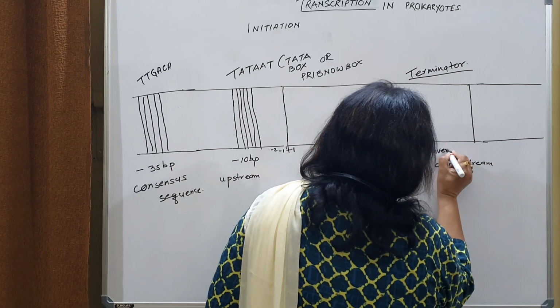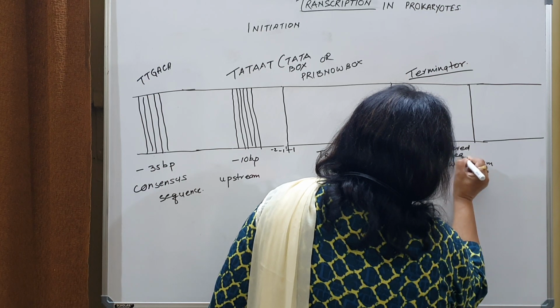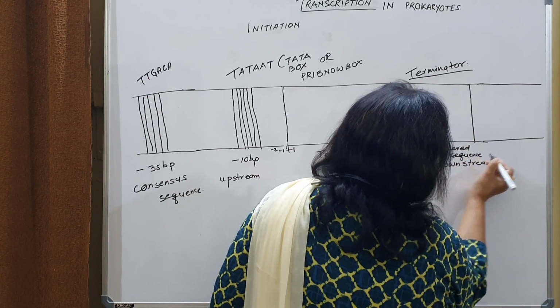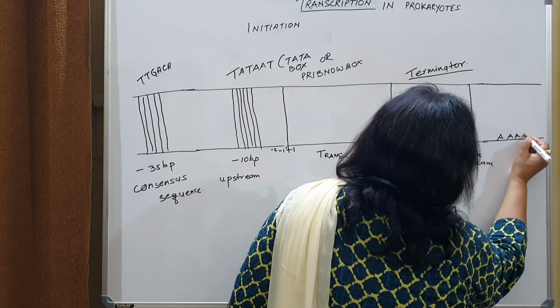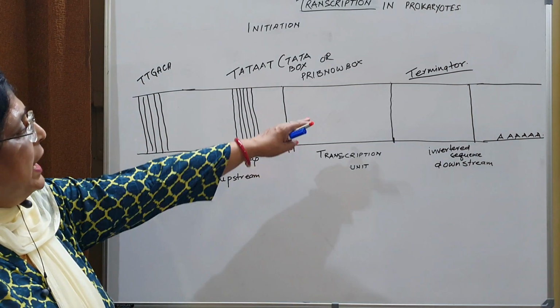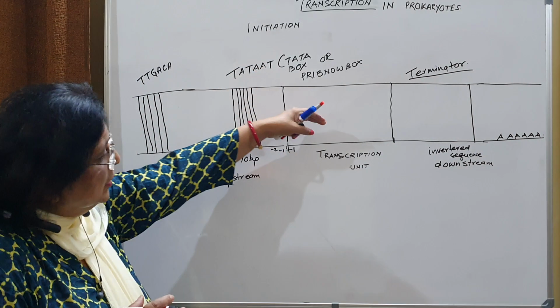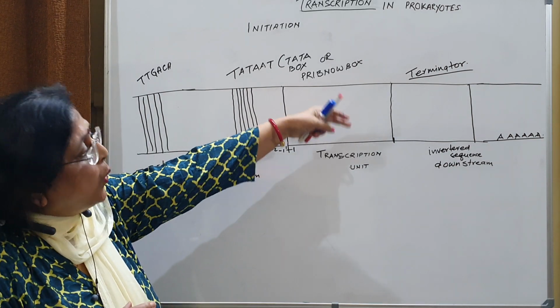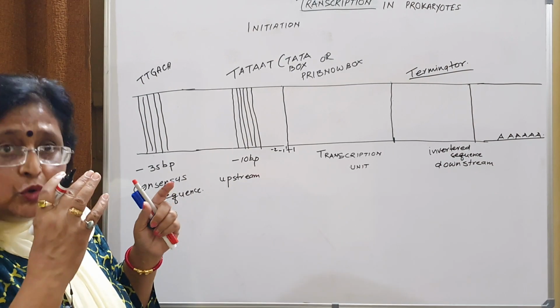The terminator has an inverted repeat sequence and a sequence of A at the end. So at the end side towards the downstream, where the transcription is going to be over, that is known as the terminator, because everything has to come to an end.